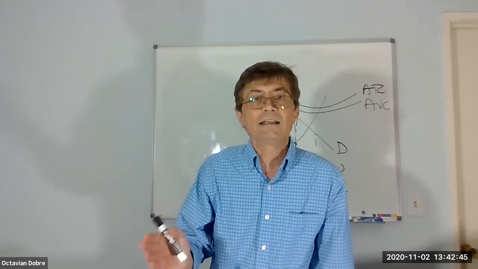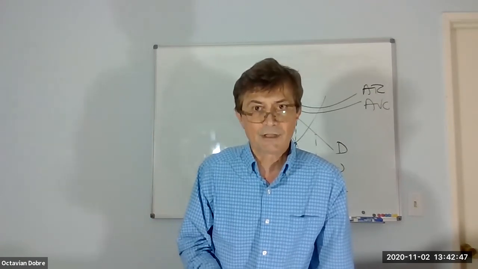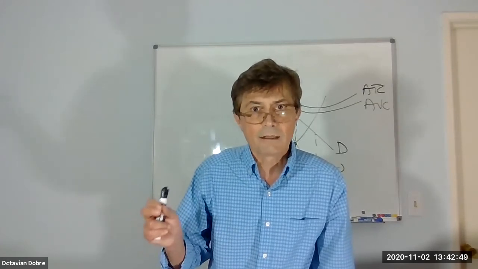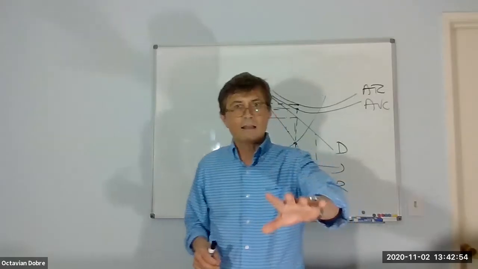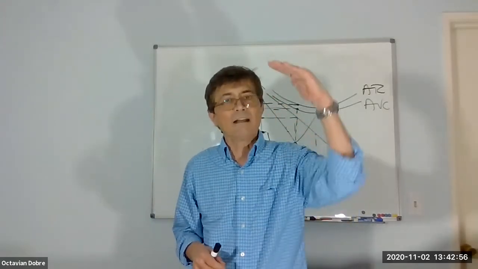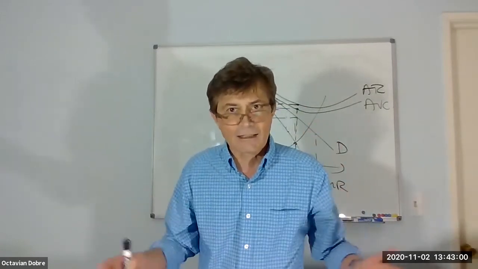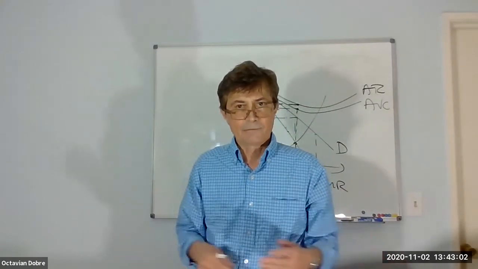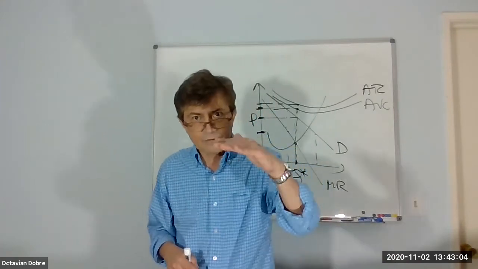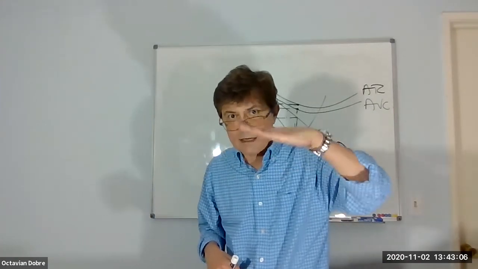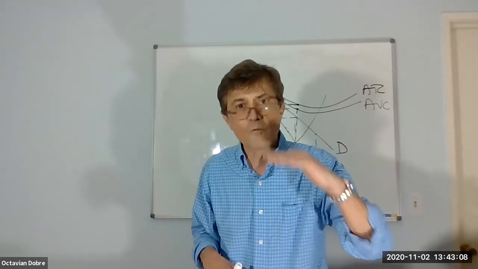How many units is that firm producing? And the answer was zero. Exactly, zero, because you are not covering the variable cost. So you're going to shut down this business. Remember, if the average variable cost is above the price, you will shut down.